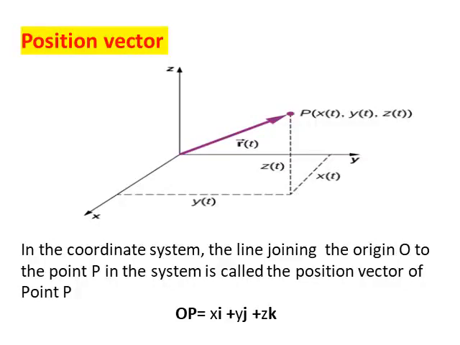The figure shows the position vector OP of a particle located at P with respect to origin O. If x, y and z are the coordinates of the point P, then OP will be equal to xi plus yj plus zk. And this equation expresses the position vector r in terms of its rectangular components x, y and z.